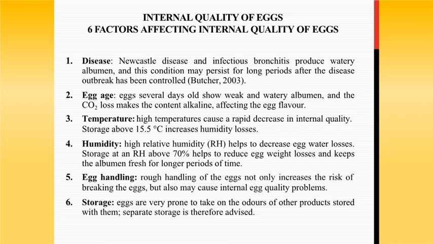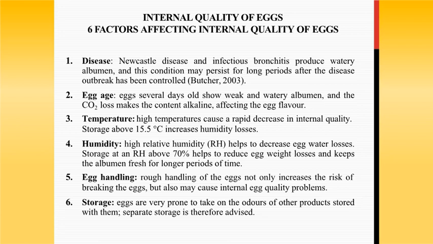Storage above 15.5 degrees Celsius increases humidity losses. Humidity. High relative humidity, RH, helps to decrease egg water losses. Storage at an RH above 70% helps to reduce egg weight losses and keeps the albumin fresh for longer periods of time.